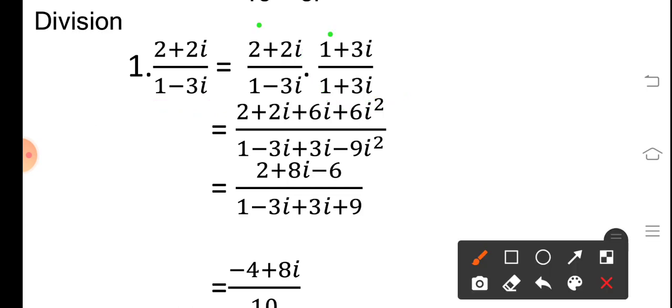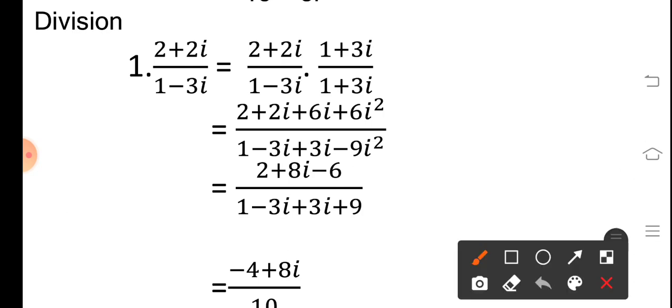So 1 times 2 is 2, 1 times 2i is 2i, then 3i times 2 is 6i, 3i times 2i is 6i squared. Then 1 times 1 is 1, 1 times negative 3i is negative 3i, then 3i times 1 is 3i, 3i times negative 3i is negative 9i squared.